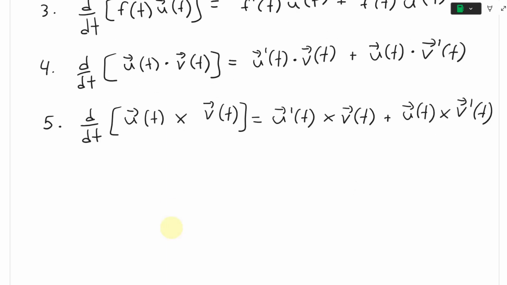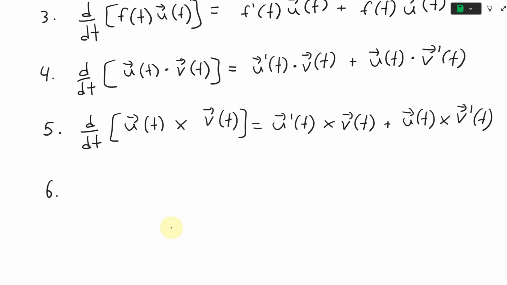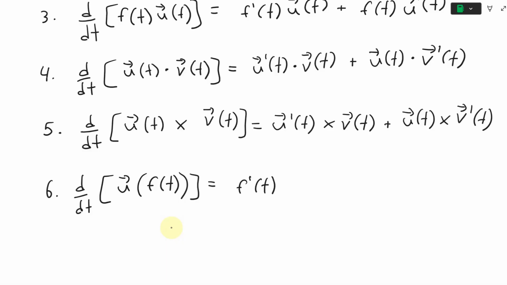And now the last rule is number 6. This one involves the chain rule. So d over dt of u of f of t, where now a function is inside as a parameter instead of just a regular t. Using the chain rule, this equals f prime of t multiplied by u prime of f of t.